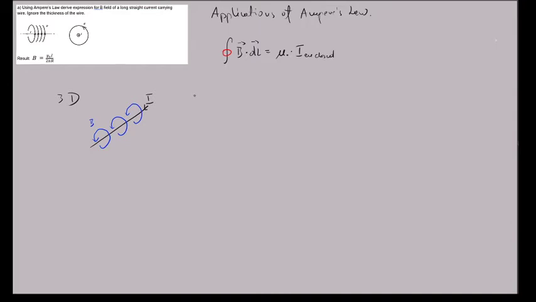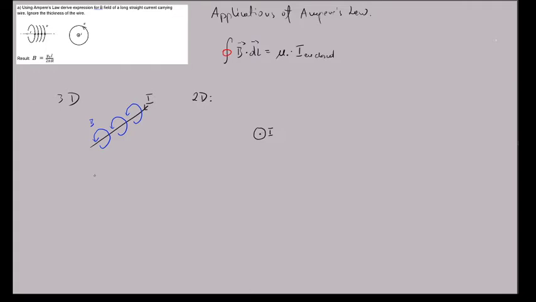Now in 2D, your picture would look like this. The current comes at my face, and so I would draw it like this. Let me put it somewhere else because I think I might need a bigger picture. Here's the actual current I. This is a symbol of something coming at me, out of the page.